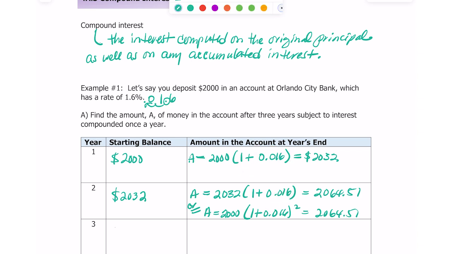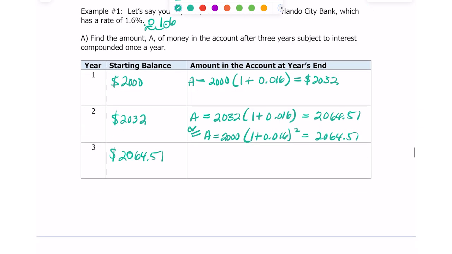So you can probably imagine what I'm going to do here in year 3. We know our starting balance is going to be $2,064.51, so that's P. I'm going to multiply that again by 0.016 so that I have interest on what I've accumulated so far. And you end up with $2,097.54.